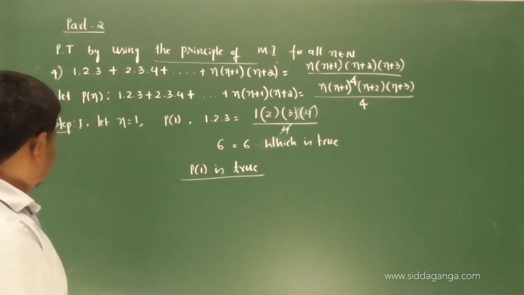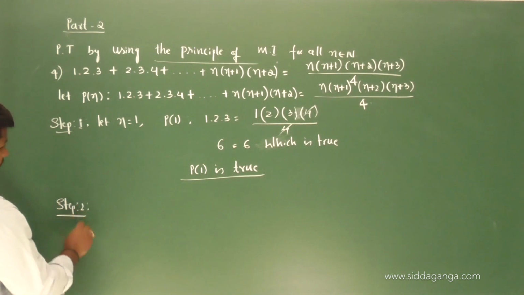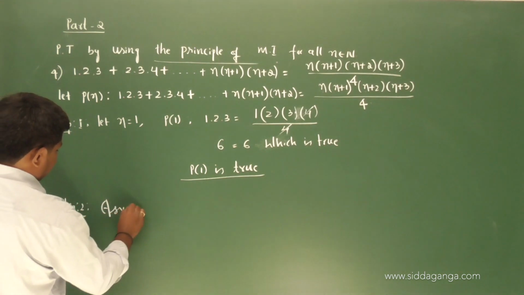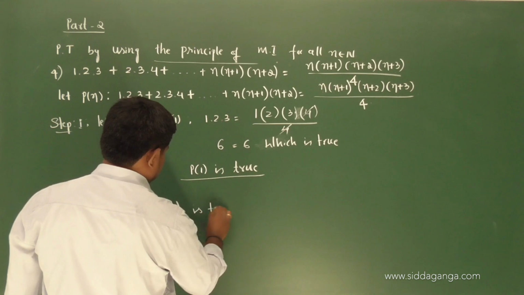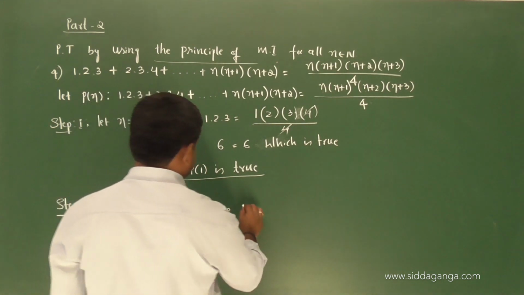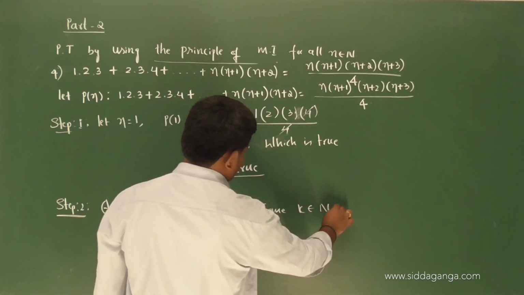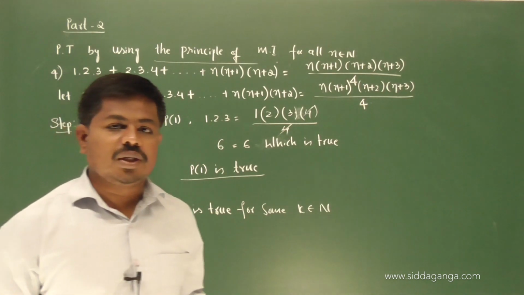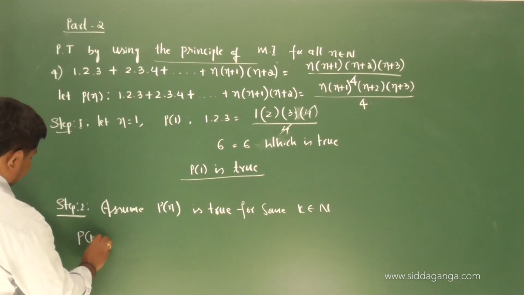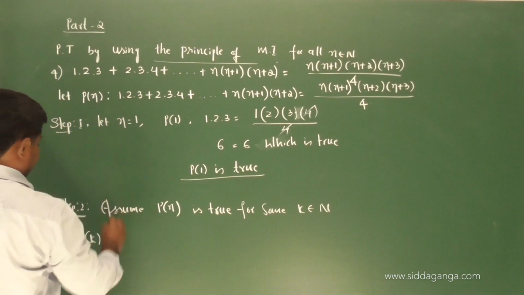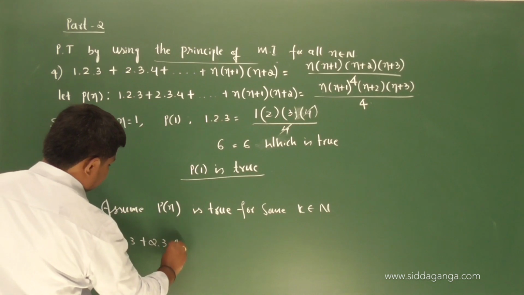Step 2: assume P of n is true for some k belongs to natural numbers. P of k is given by 1 into 2 into 3 plus 2 into 3 into 4 and so on.